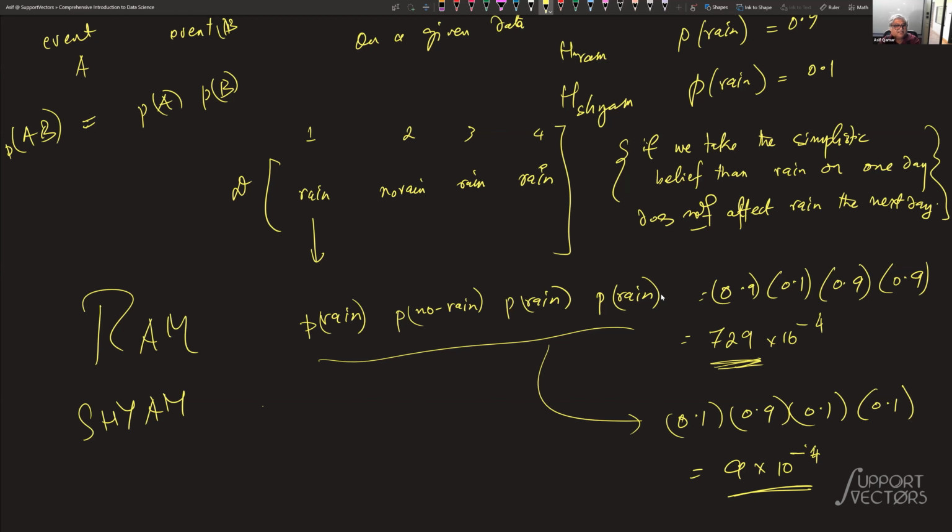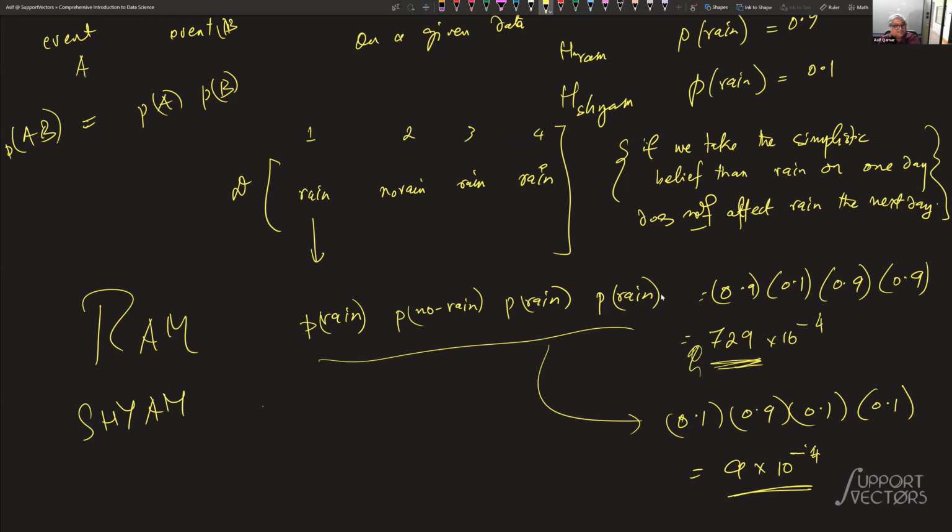See, because these days are independent, even if you rearrange it, it doesn't matter. The fact of the matter is 3 days it rained, 1 day it didn't. But then we'll have to add the combination term as well. When you do the joint probability, at this moment I've taken it separately up to some factor. It doesn't matter.